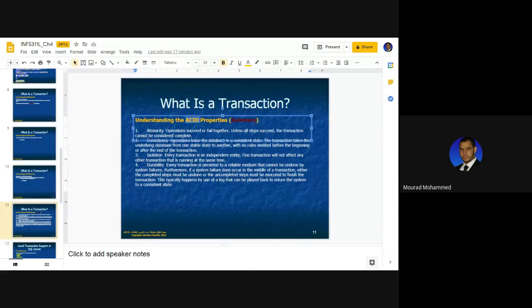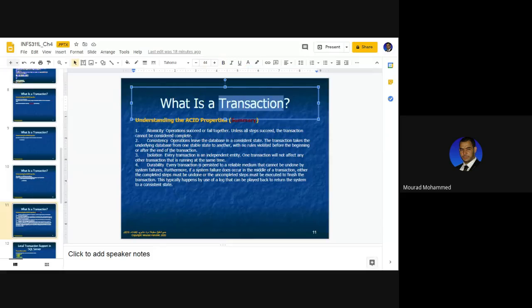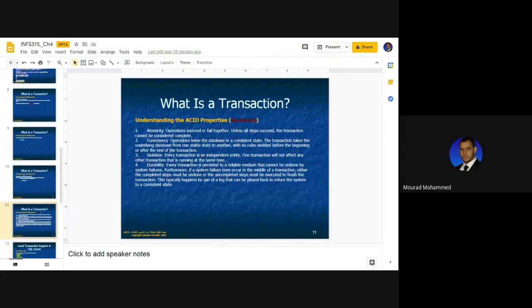So the money is withdrawn, and the account has the same amount. It's a failure for the company. Thus the ACID properties have to be respected and adopted for the security of all: the user and the provider, the consumer and the service provider.